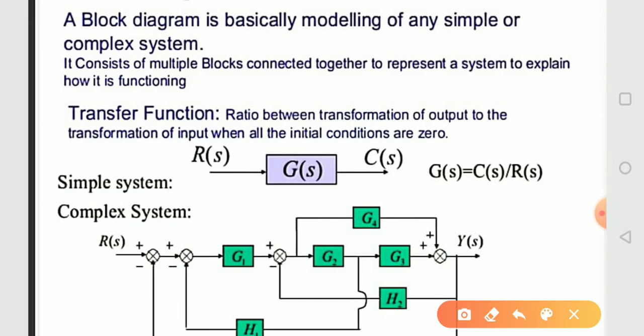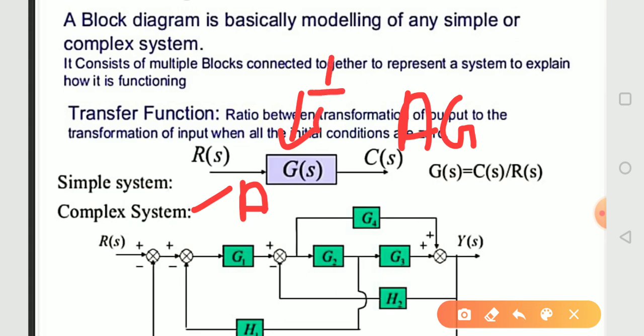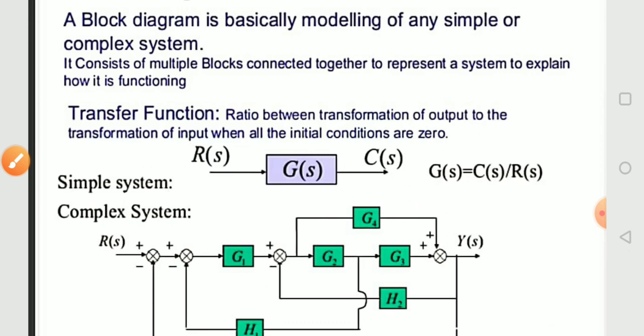For example, if we have a signal A and the gain is G, the output is A into G. Second, if we have gain 1 over G, then the output is A over G. So according to the characteristic of the block, the signal is going to be modified.